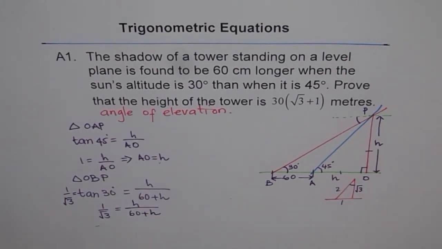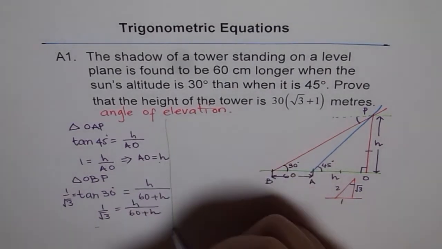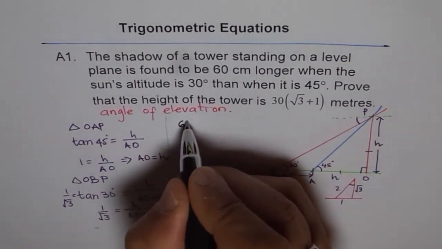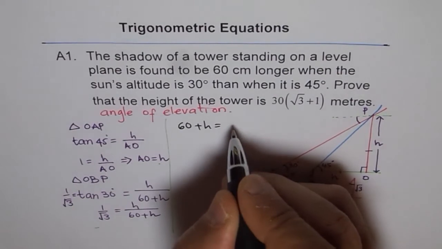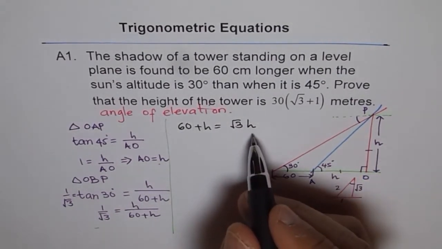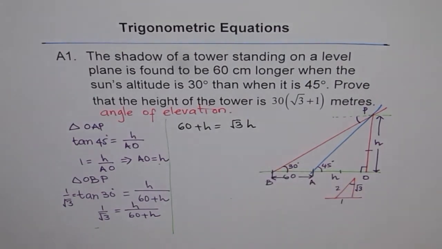Now to solve it, let's use this side of the page. So what we can do now is cross multiply and solve for h. So when we cross multiply, 60 plus h equals square root 3 h, right? Let's bring them together and then find the answer.